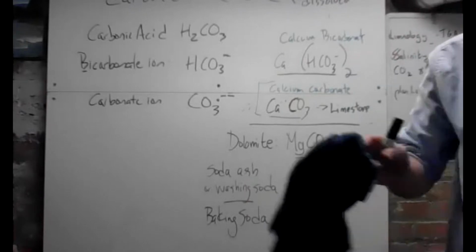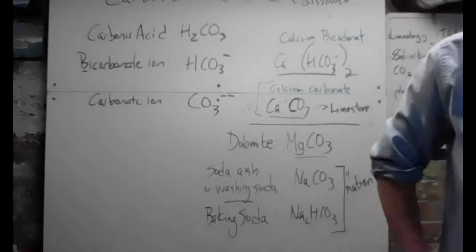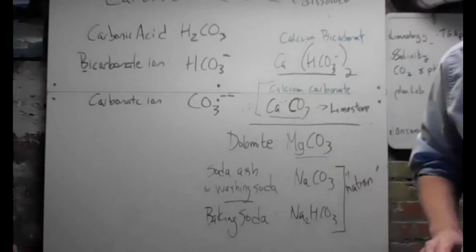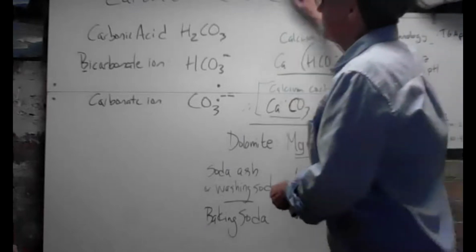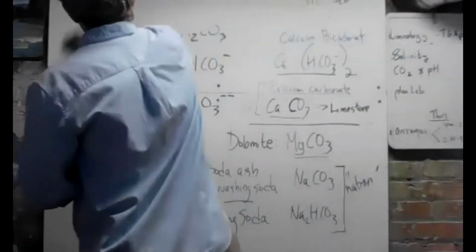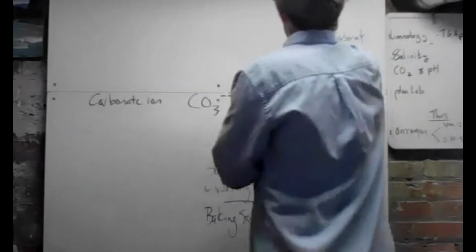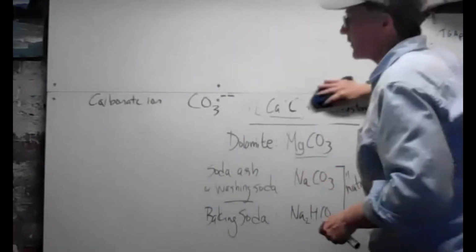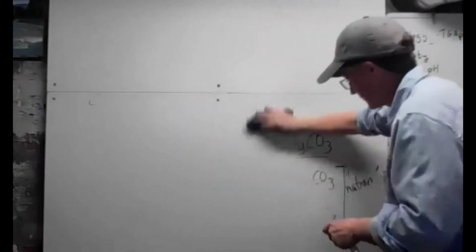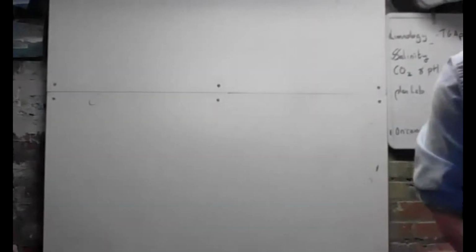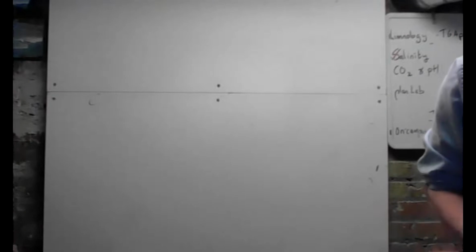All right, so these things are all connected by the carbonate buffer system. So we're going to skip ahead to the processes that connect them. What number is that going to be? 5. All right.